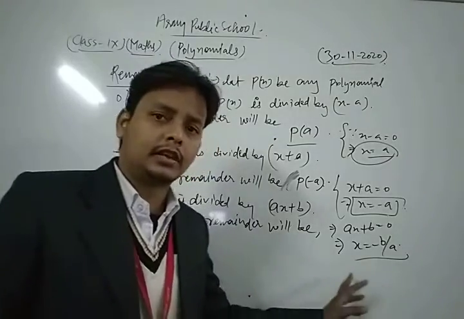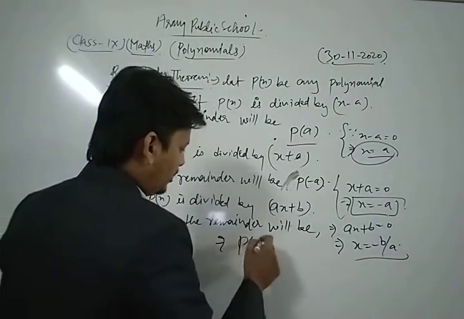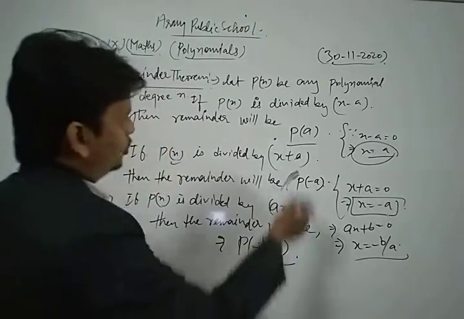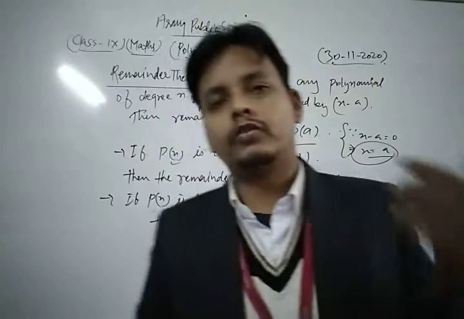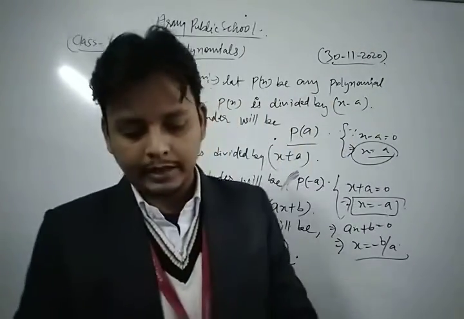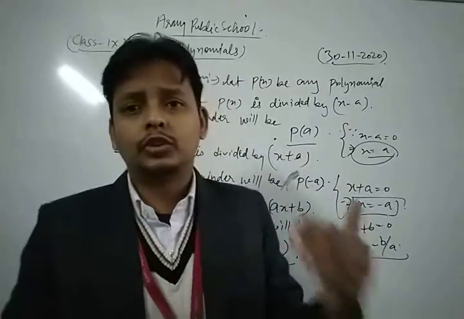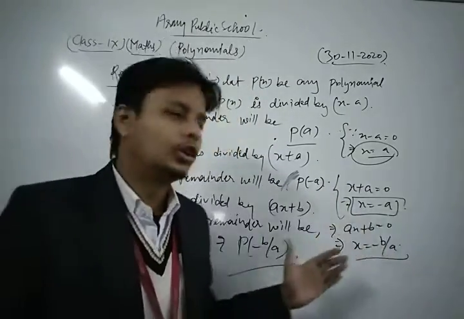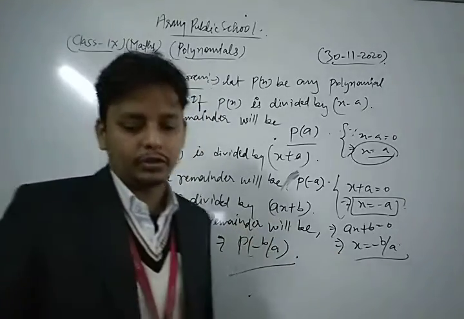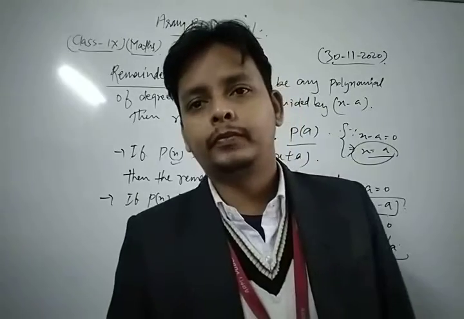We just replace x by minus b by a, so the remainder will be P(minus b by a). So this is the concept to find the remainder of the given polynomial if it is divided by x minus a, x plus a, ax plus b and ax minus b. Using this concept you can solve each and every question of your NCERT exercise based on the topic remainder theorem.